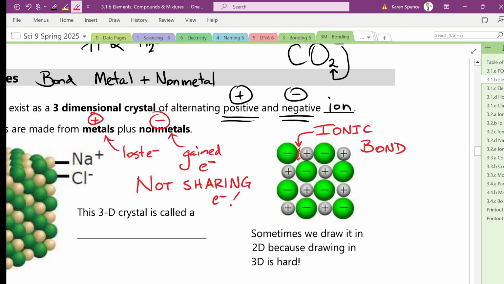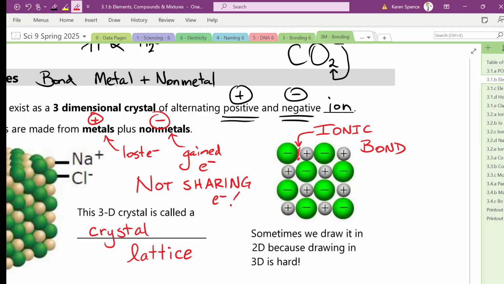And you get an ionic bond when you don't share, when electrons are given and taken, you get a positive ion and a negative ion. Okay, and this 3D crystal is called a crystal lattice. Lattice. Not a crystal lettuce, but a crystal lattice.